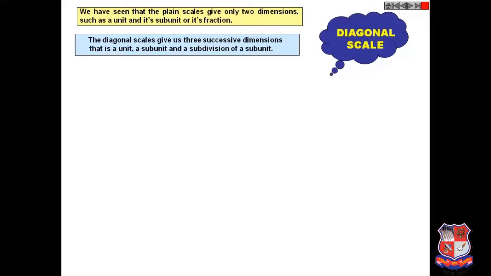But the diagonal scale gives us three successive dimensions, that is unit, subunit and subdivision of a subunit. Be careful. Plane scale gives us unit and its subunit or its fraction, while diagonal scale gives us three successive dimensions, that is unit, subunit and subdivision of a subunit.